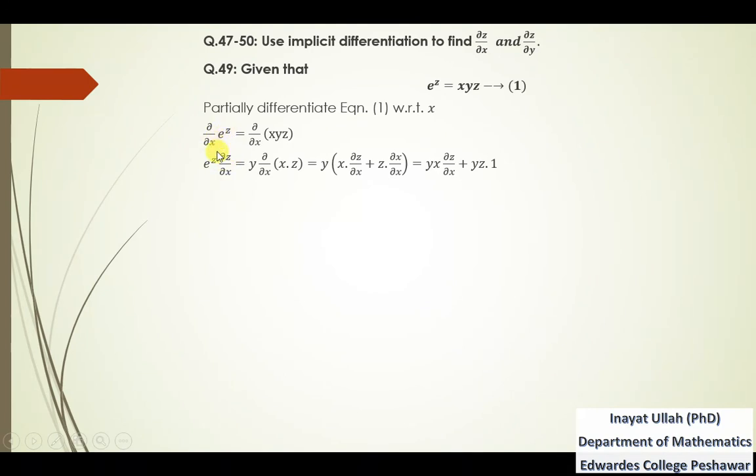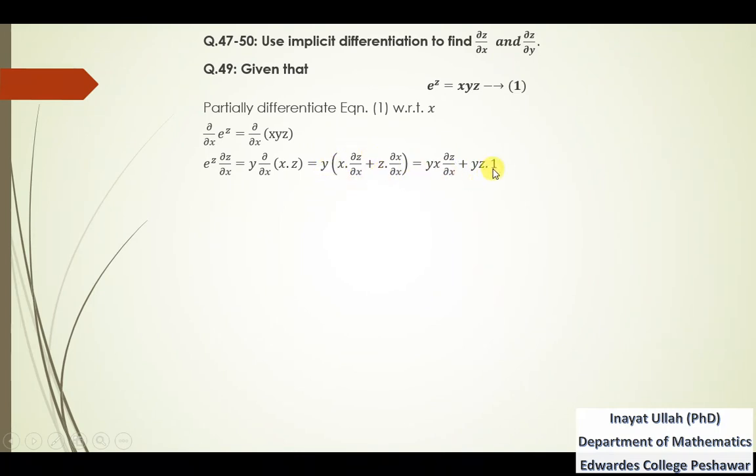del z del x is equal to, that is partial derivative with respect to x, so y will be kept constant, x and z are variables here. So using the product rule, first times derivative of second plus second times derivative of first, and multiplying y inside, so yx into del z del x plus yz into 1.